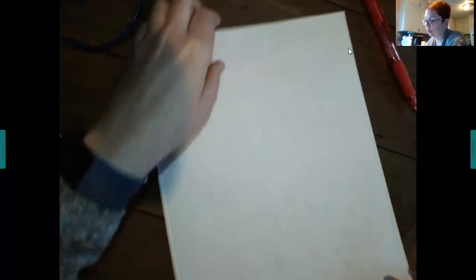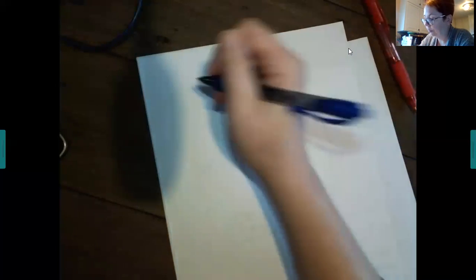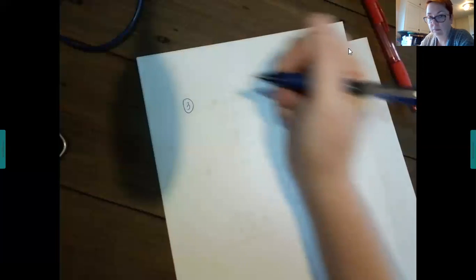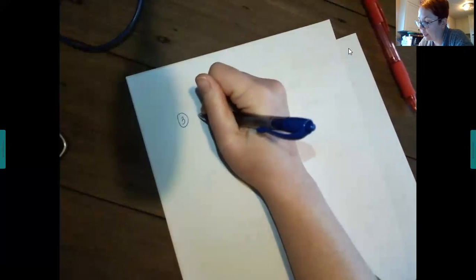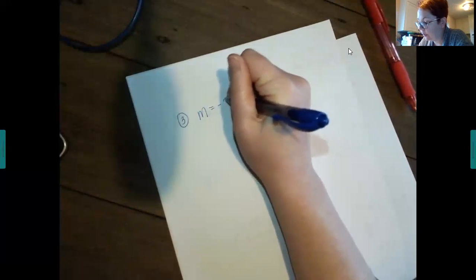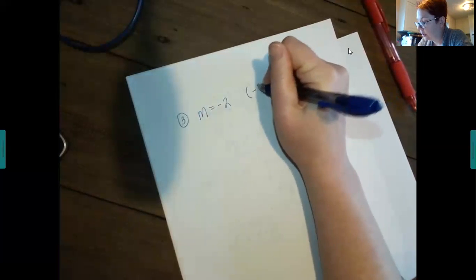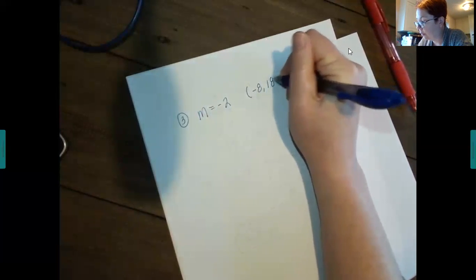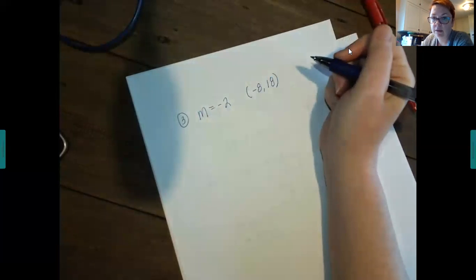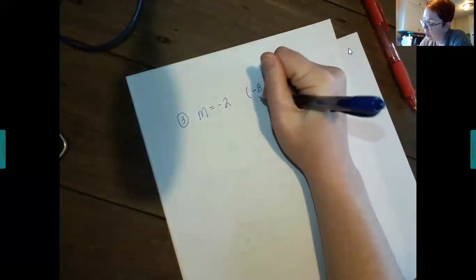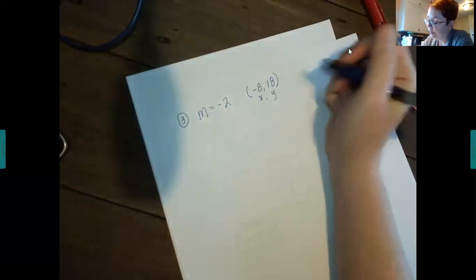All right, let's do one more just for fun. In this case, we have a slope of -2 and a given point of -8, 18. So again, this is our x, this is our y.